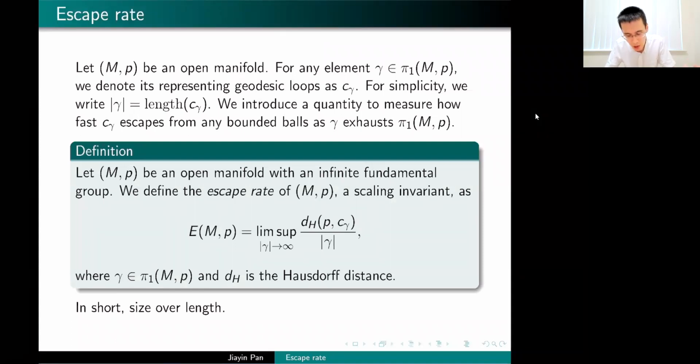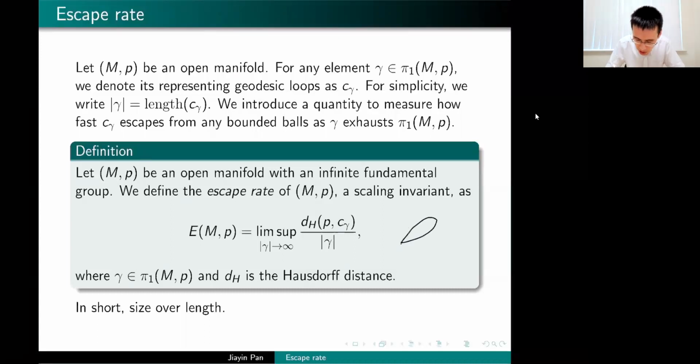If you have an open manifold with an infinite fundamental group, then we define the so-called escape rate of M,p, which is scaling invariant. Here, this is a ratio. On the top is d_H, the Hausdorff distance between p and c_gamma. So let's draw it.